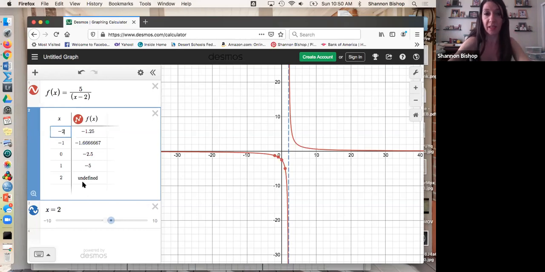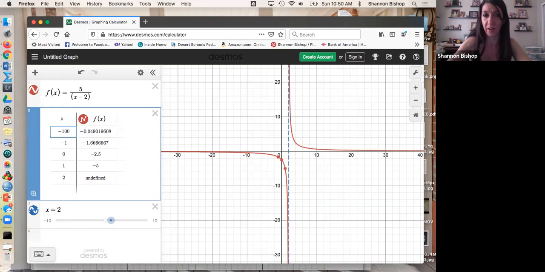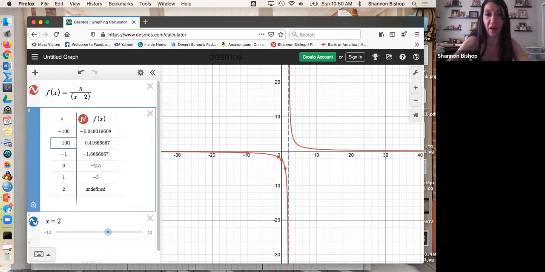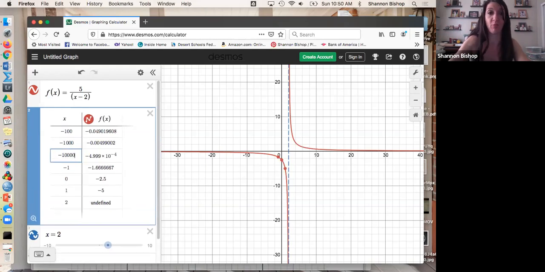So if I plug in negative 100 or negative 1,000 or negative 10,000, what you can see is that when I plug in really big numbers for x, my answer is pretty dang small.